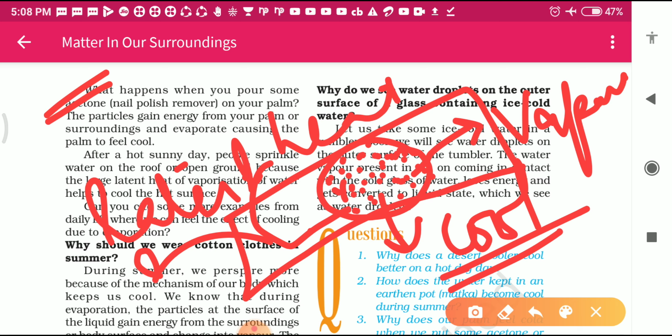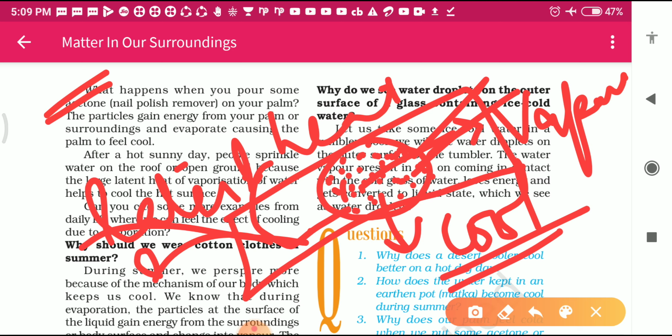Or it can take the heat energy from the surroundings, which helps in converting this liquid into vapors and evaporate, causing the palm to feel cool. Then this process depends upon the latent heat.